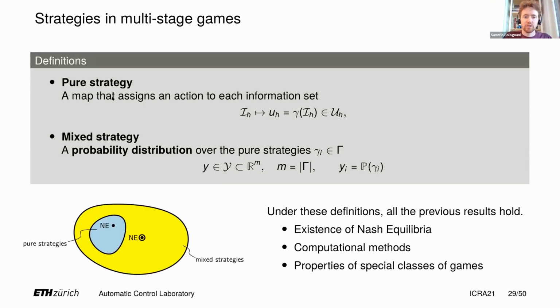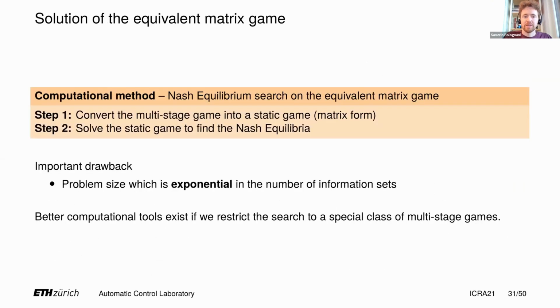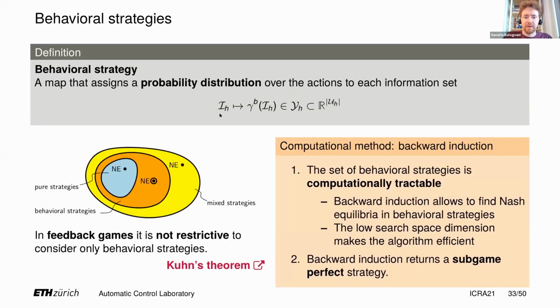In pure strategy, you have a map from information sets to actions. In mixed strategy, you mix the pure strategies. In behavioral strategies, you have a map, as in pure strategies, from information sets to a small vector where you randomize over the actions available at that information set. They are not the same thing as mixed strategies.